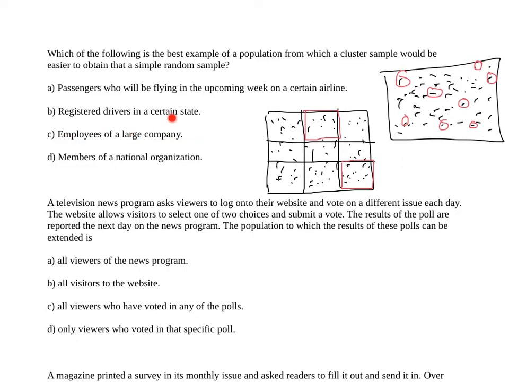Employees of a large company. Very similarly, you may be tempted to say, well, I'll just break the company into its respective departments. We have the engineering department, we have the PR department, we have all these different departments, right? But if you go ahead and just pick a department, if you just pick the engineering department and you sample those people, I mean, depending on what you're sampling, they're not going to be representative of people who are in HR, right?